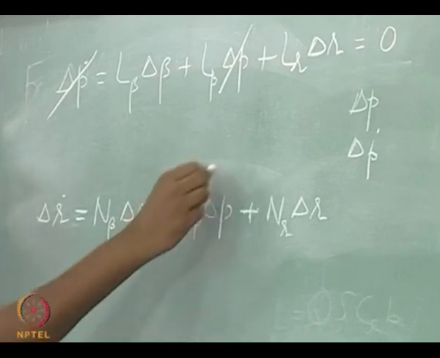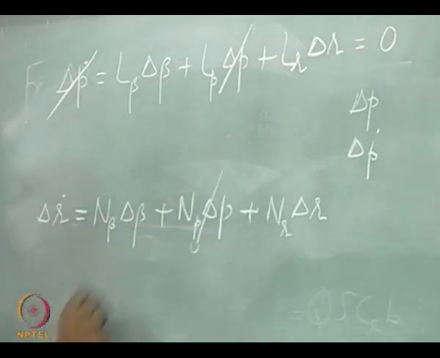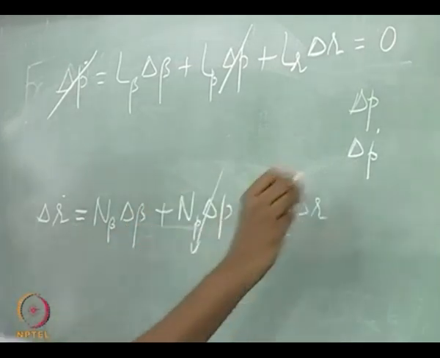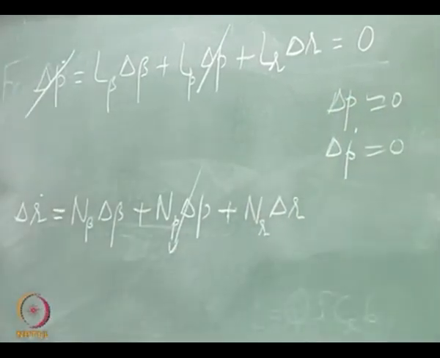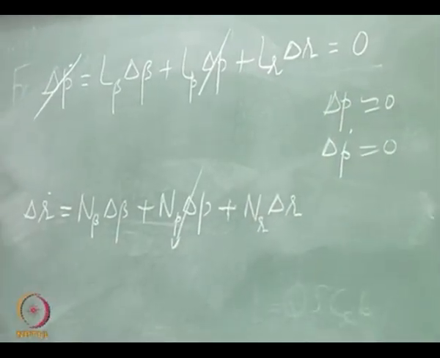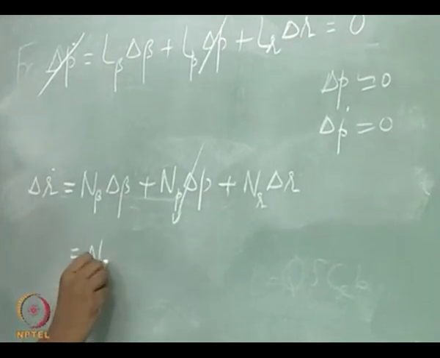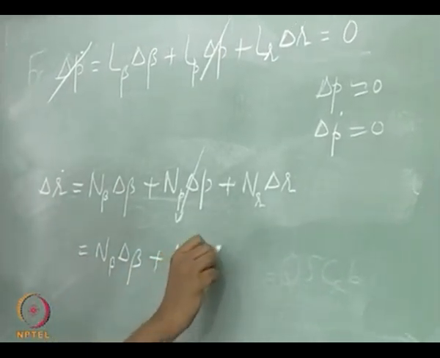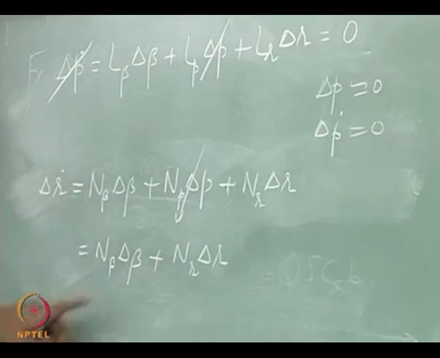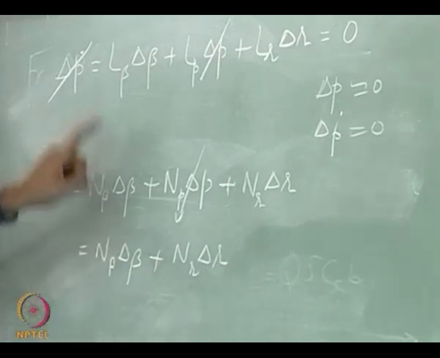So, this you can drop because delta p is small, and find out this delta beta from this equation.